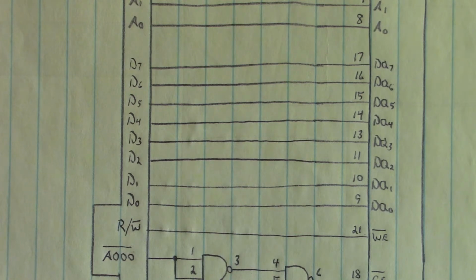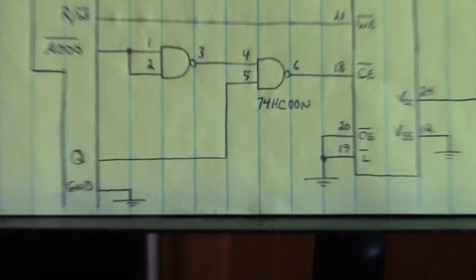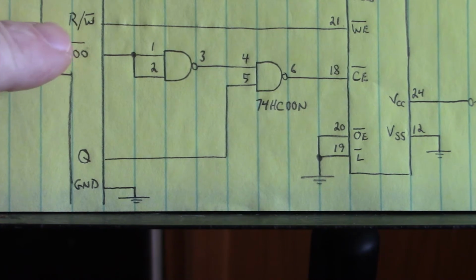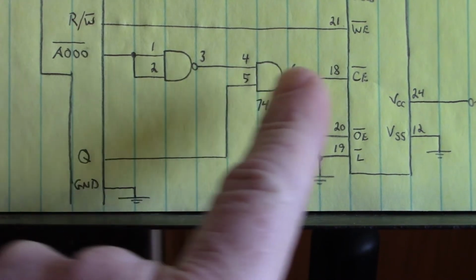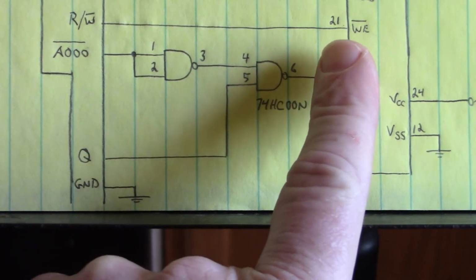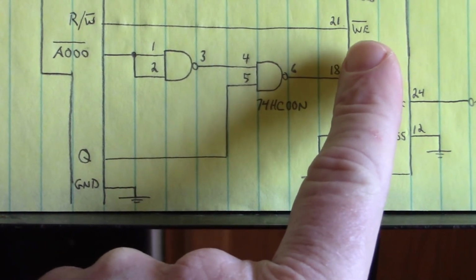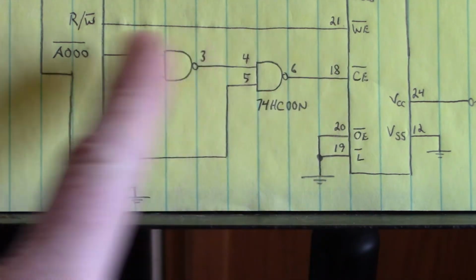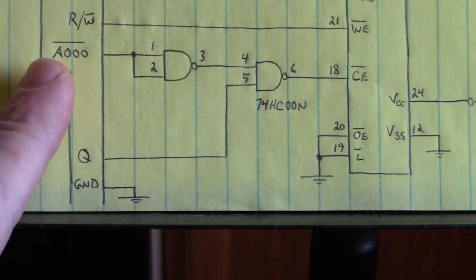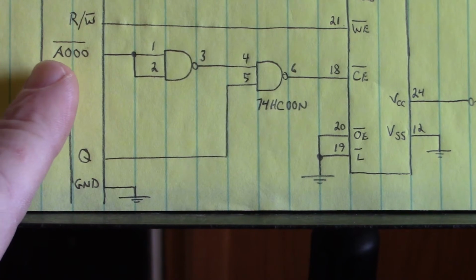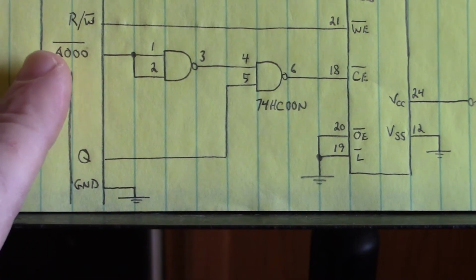Okay, let's go look at the control. Alright. Now here, from the processor, we had the read/write bar connected to pin 21, the write enable bar, through jumper wire. Now here is address A000 bar.